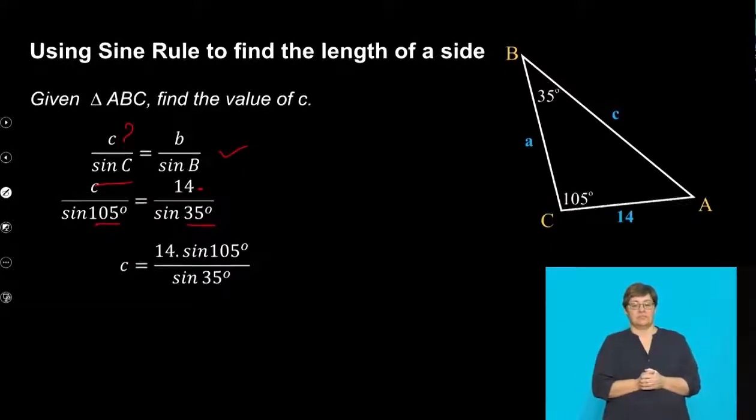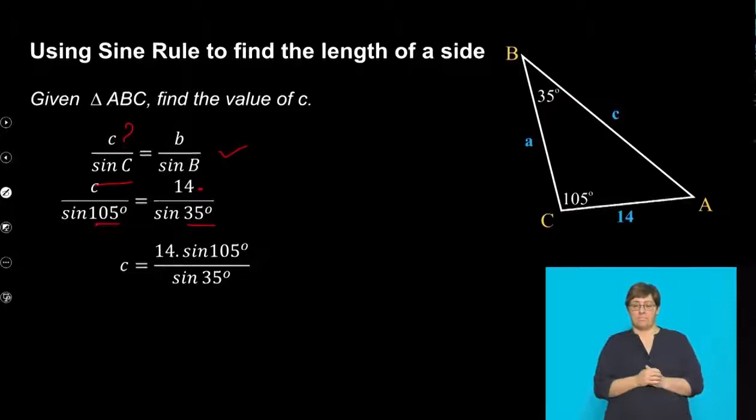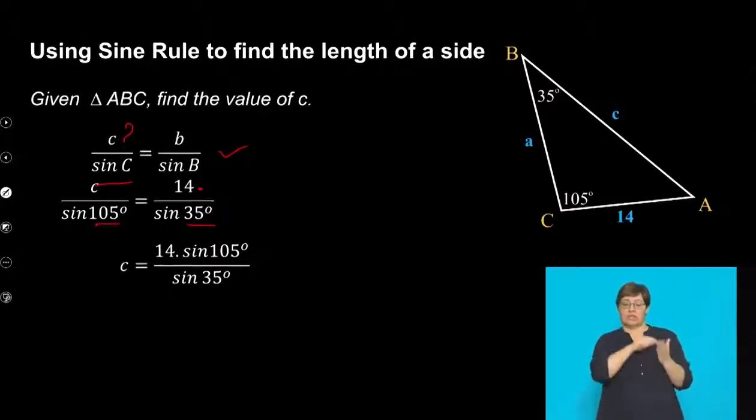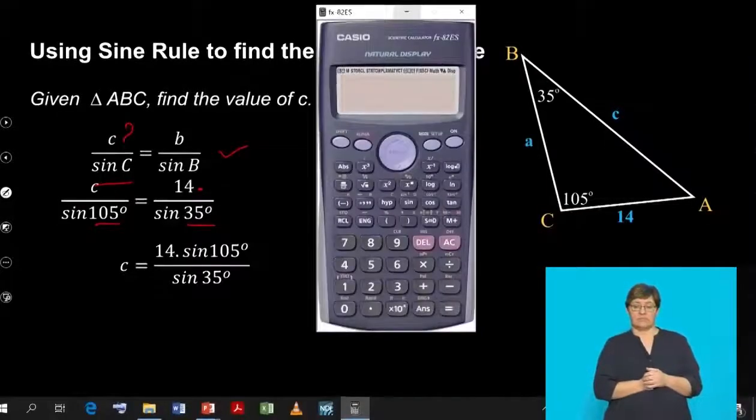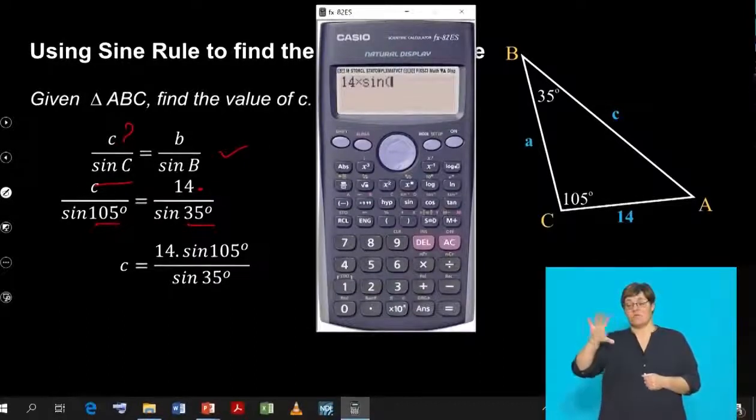Sorry, before we get to our calculator, we first multiply throughout by sine 105. So we end up with this fraction. And all we do now is put this into our calculator. Okay, so we're going to put this right-hand side into our calculator: 14 times sine of 105 divided by sine of 35.